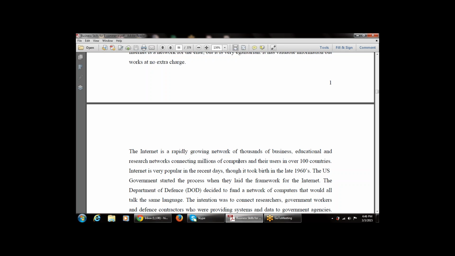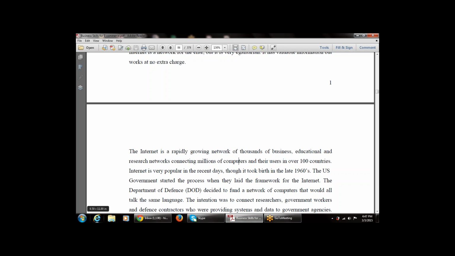It is a connection of the businesses, educational, and research networks that connects millions of computers and their users in over 100 countries. So the internet is nothing but a collection of networks by which different businesses, educational institutes, and research networks connect millions of computers and their users in over 100 countries.